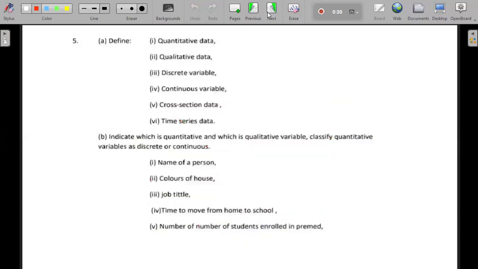So better know them. And then we have definitions here, so master the definitions that I gave you. Here they are asking which one is quantitative and which one is qualitative. We said quantitative has a numerical value attached, while qualitative is all about categorizing or the quality.